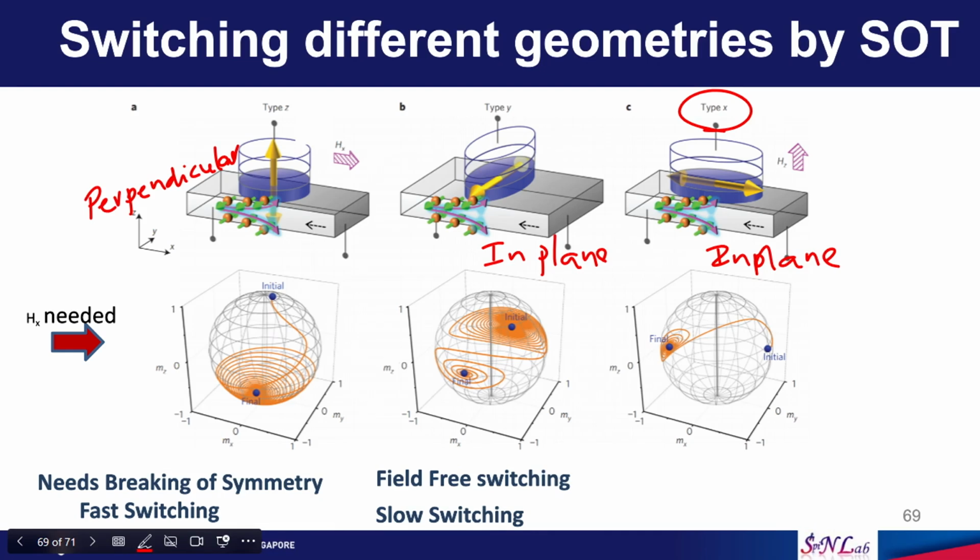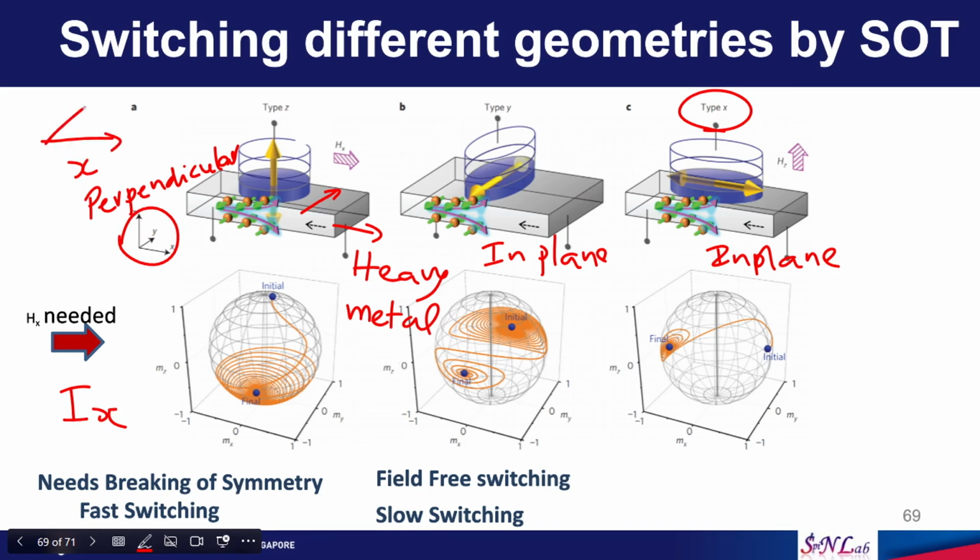So, let us say this is a heavy metal layer. When you send the current in the x direction, that will produce spin polarization along the y direction. So, the spins are pointing along y. Let me zoom this one. This is x, this is y, z means perpendicular.